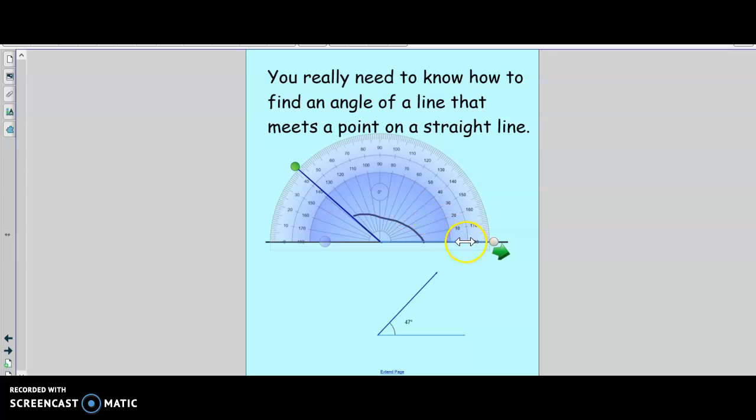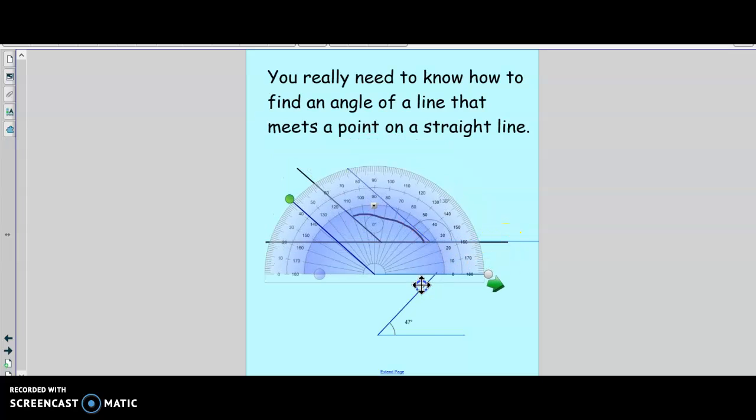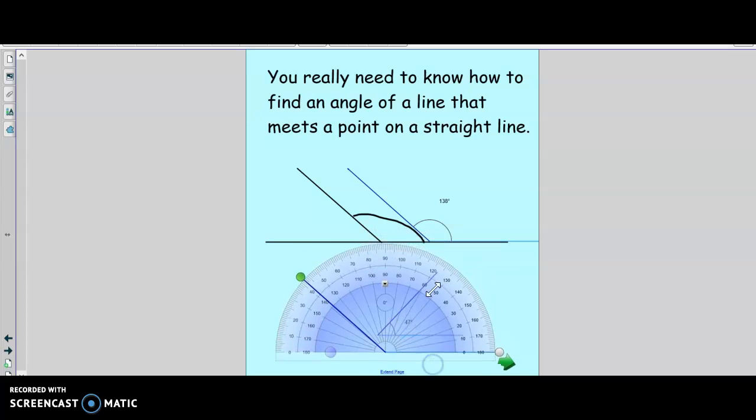And remember, this time I'm measuring from the inside scale, 10, 20, all the way up to 90, a right angle. And the obtuse angle is just here. What does it spit out at? The obtuse angle is 138 degrees. So you must remember what side of the protractor to use to measure the correct angle. Otherwise, you might get the incorrect answer. I wanted the obtuse angle there, and an obtuse angle is always more than 90 degrees.